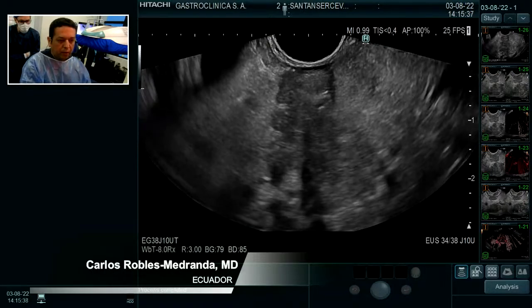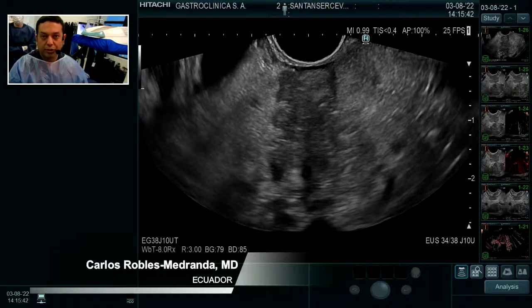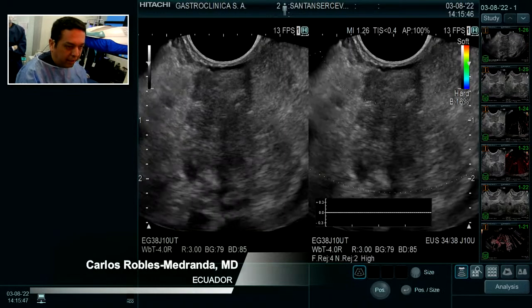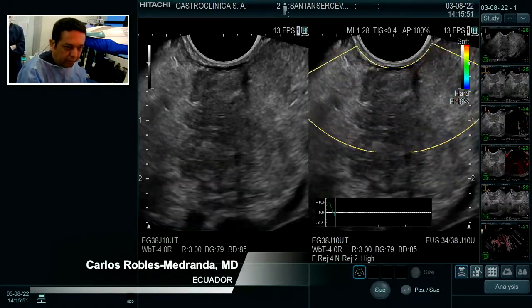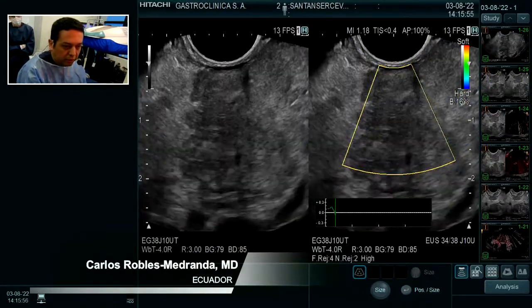So until now, we have a lot of technologies that we can use to measure this lesion. We have elastography, as you remember, which has been used for a longer period of time.